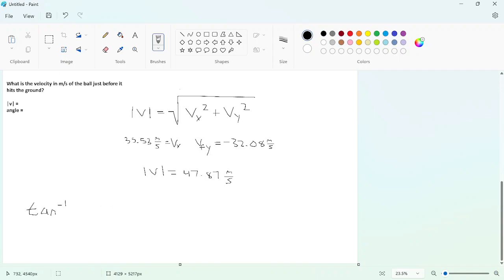The inverse tangent of the opposite over the adjacent, in this case, is going to be the vertical component, which is the opposite, over the horizontal component, and that is equal to the angle. Now let's plug this into our calculator.